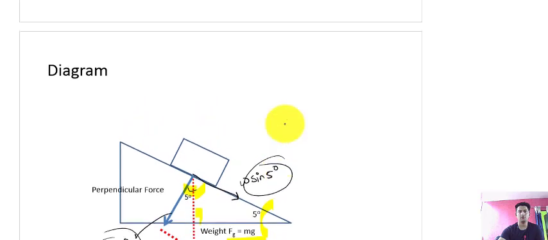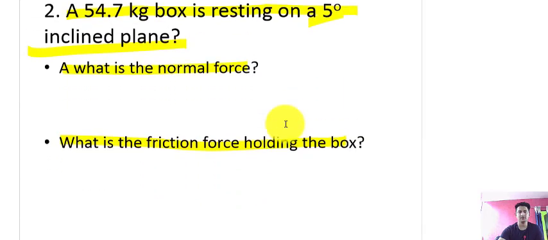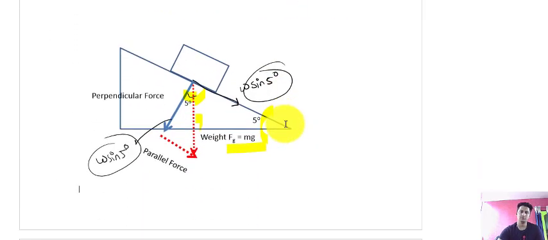First of all, you want the value of the normal force. The normal force is perpendicular to the surface. This is the normal force. If this box is in equilibrium, then for equilibrium the summation of Fy equals 0. That means N, the normal force, is going upward and the other force is downward.